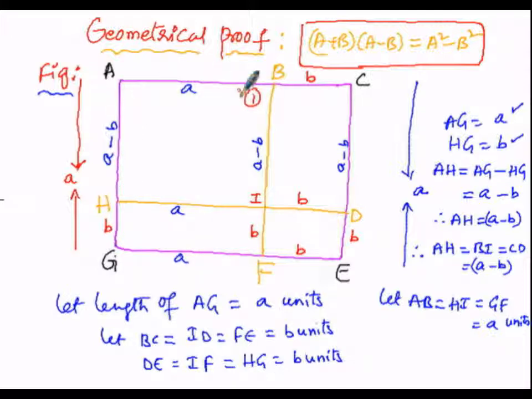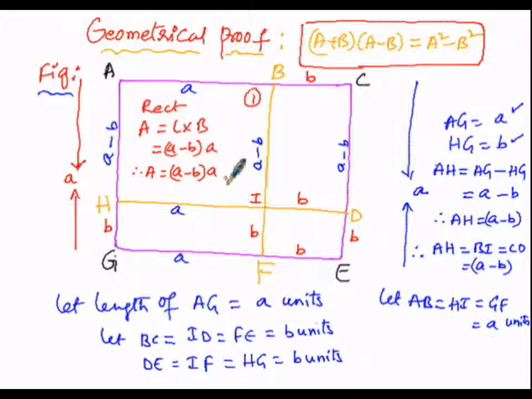The adjacent sides are unequal, therefore this will come under a rectangle. The area of a rectangle is length into breadth. The length is a minus b and the breadth is a. Therefore the area of the rectangle is (a minus b) into a.